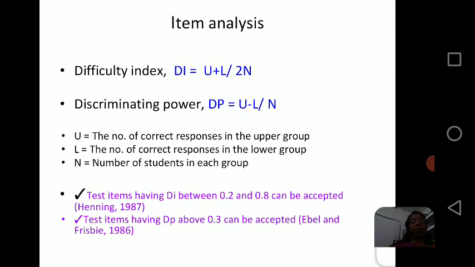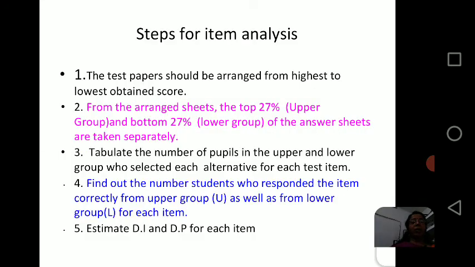The number of correct responses in the lower group is L. And N means number of students in each group. Let us see what is U. How can we calculate U and L and N?